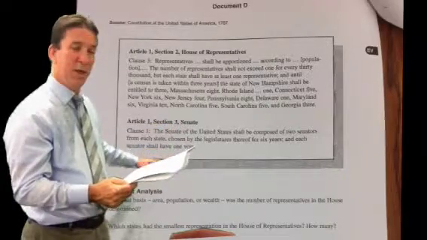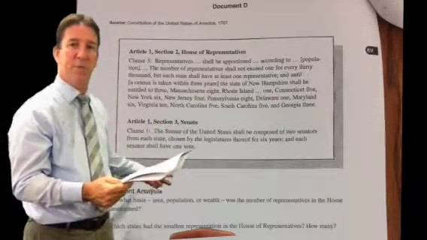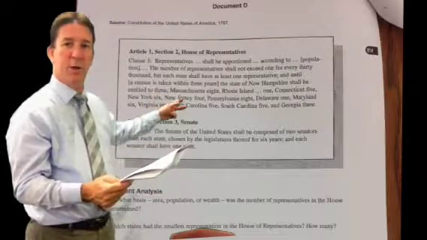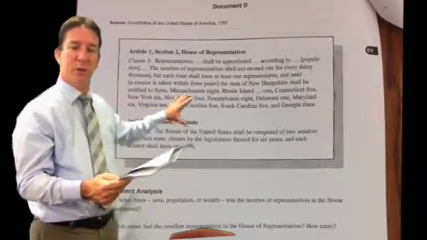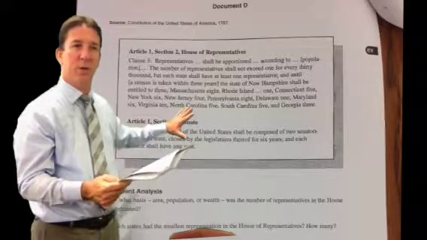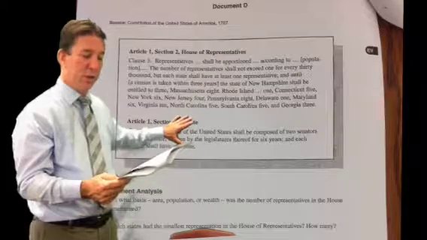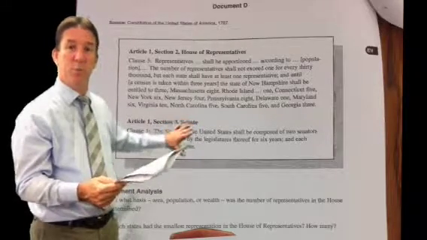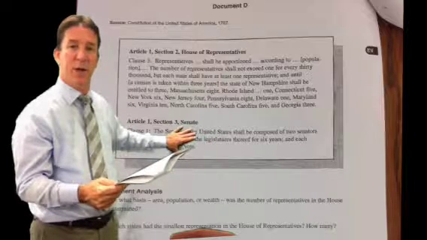The Senate, everybody's equal. That's part of the New Jersey plan. The House, part of the Virginia plan. So hopefully by focusing on this and reviewing here, you'll be ready to write your actual essay. Focus on the questions here, on the document analysis, and you should be well prepared to do well on your essay. Good luck.